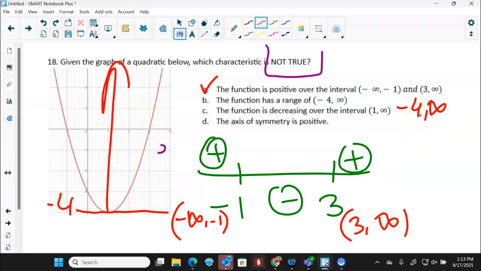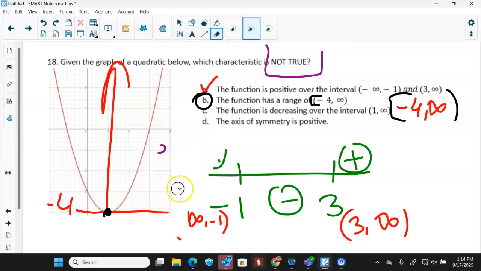Now, seems like this question would be correct, but it's not. Why is it not correct? Because once again, -4 belongs to that function. So -4 should have a close parentheses right here. So this is our correct answer, B, because it states that the parentheses are incorrect. But let's just make sure other ones match.